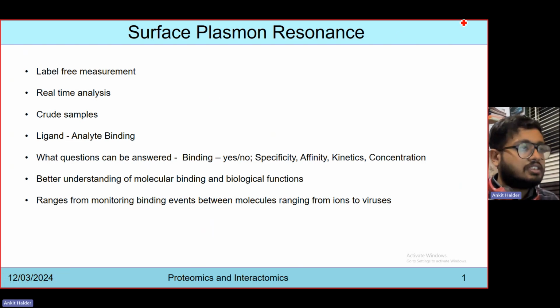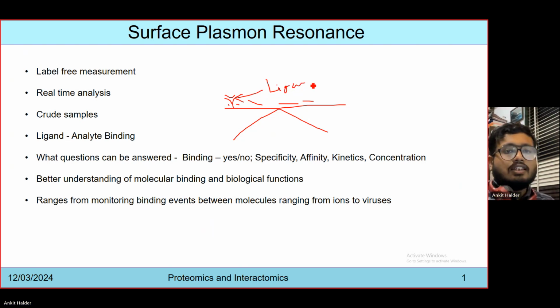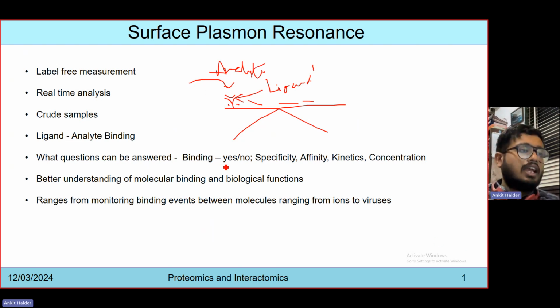Once we get the chips where the light is reflected, the major thing is the surface where the ligand is immobilized on a chip, which is known as the ligand, and the analyte is whatever flows over to find out the binding. These analytes bind to the ligand, and one can understand the changes that happen.